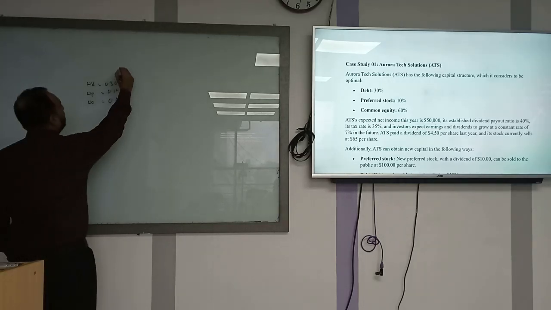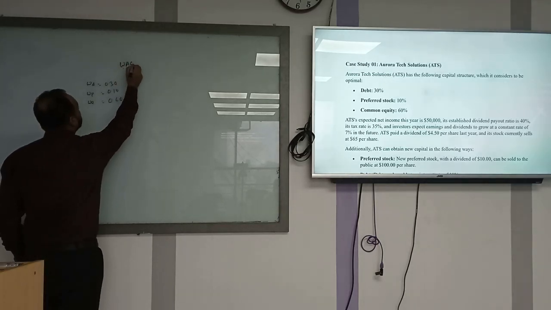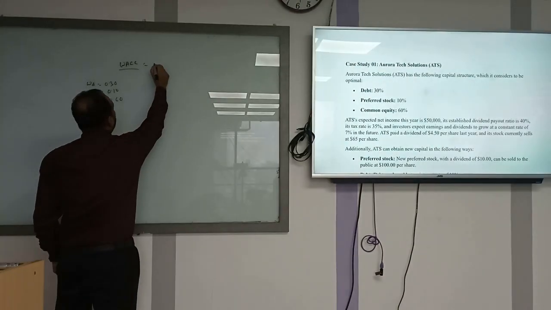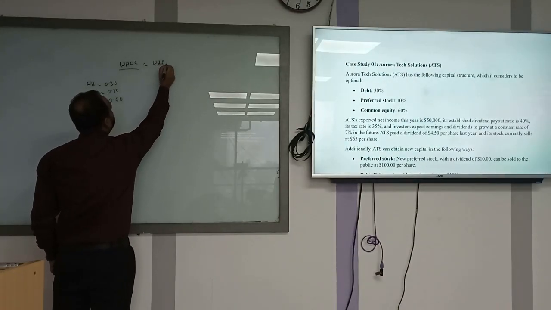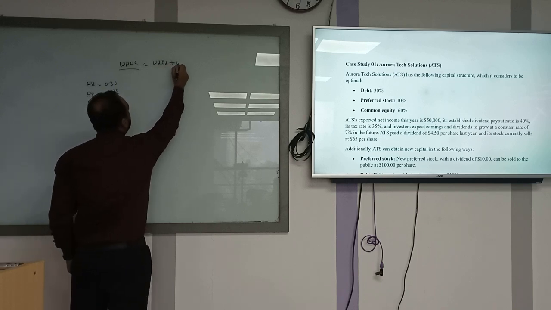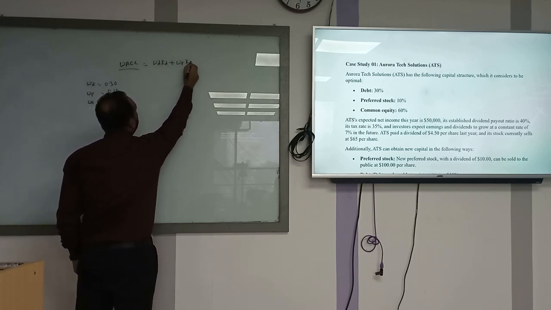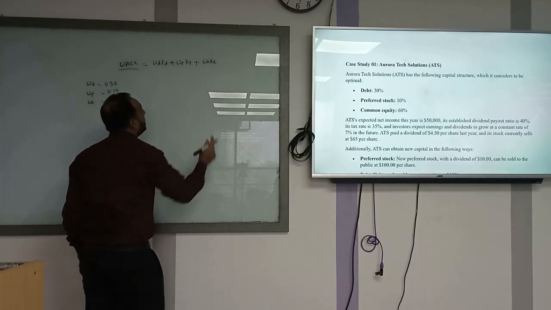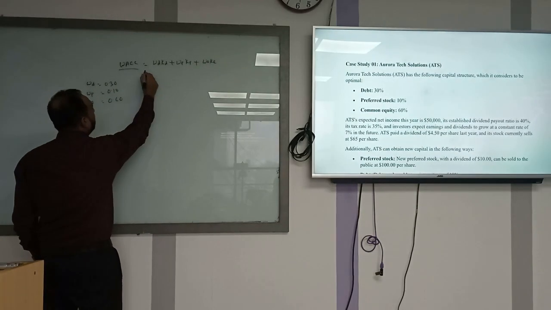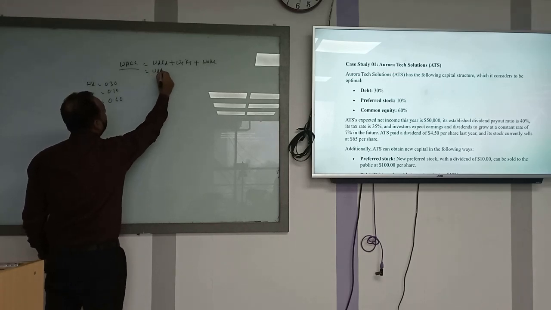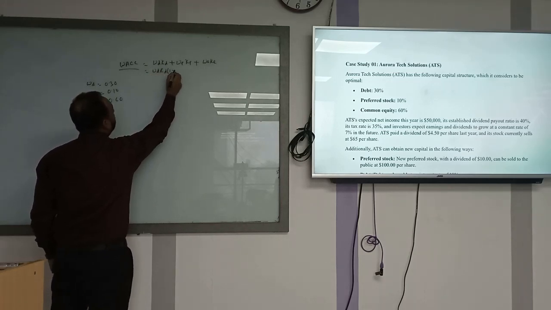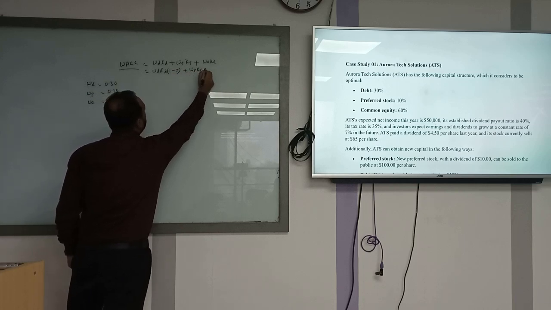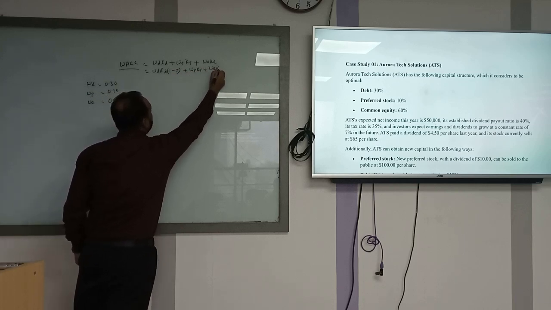What do we need to find? WACC, weighted average cost of capital. So what is the formula? WD KD plus WP KP plus WE KE. Here it will be WD KD times 1 minus T plus WP KP plus WE KE.